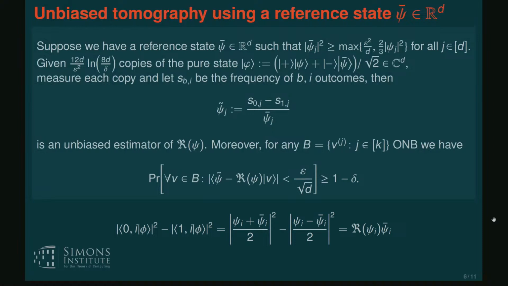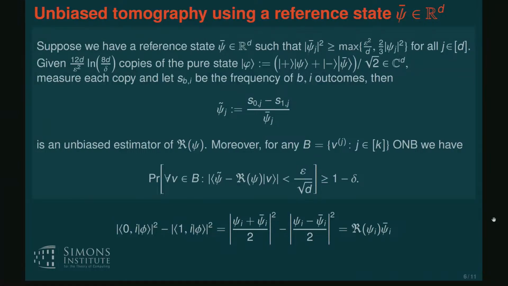And to see why it happens, let's just see what is the probability of measuring 0i on the state phi, and what is the probability of measuring 1i on the state phi, and subtract them. So if you just compute this, it turns out that the first of these is just the ith amplitude plus the ith amplitude of my reference state, divided by 2, squared. And the second one, because of this minus state, there is a minus sign coming in.